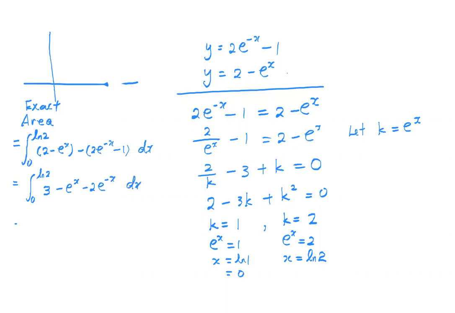Now you start to integrate. You integrate 3, you get 3x. You integrate e^x, you get e^x. You integrate negative 2e^(-x), you get positive 2e to the power negative x. Then you substitute and you get the answer.